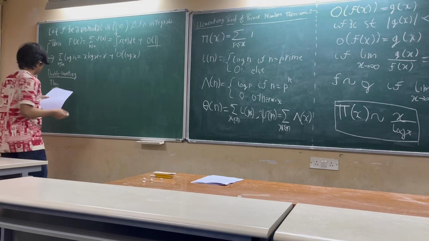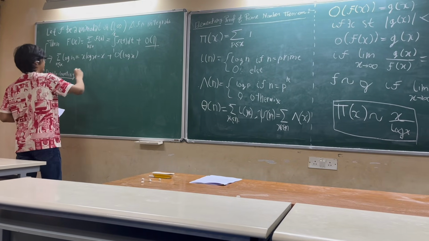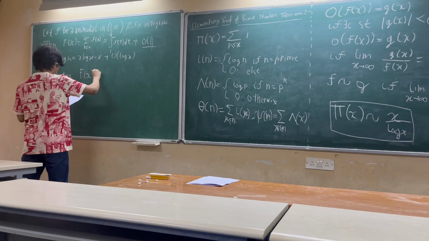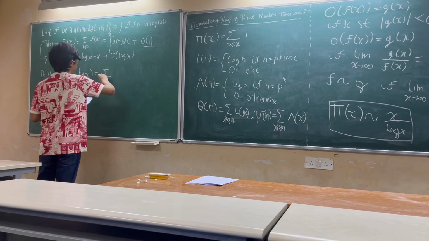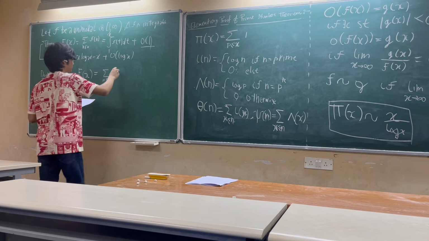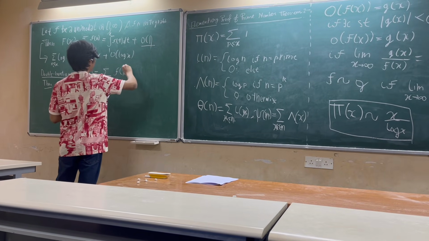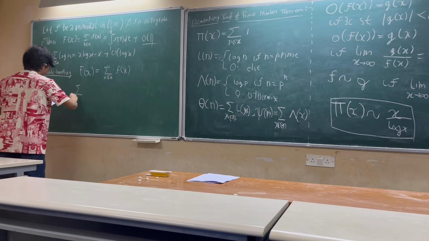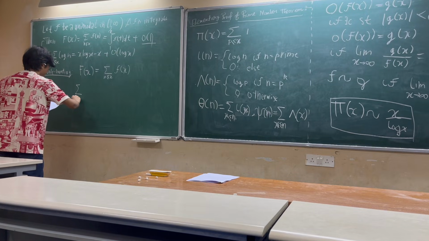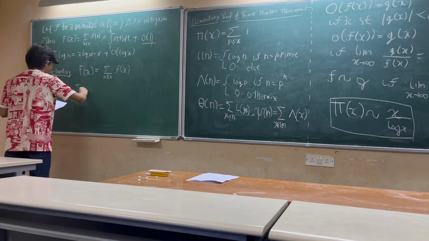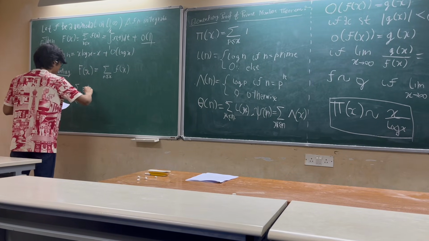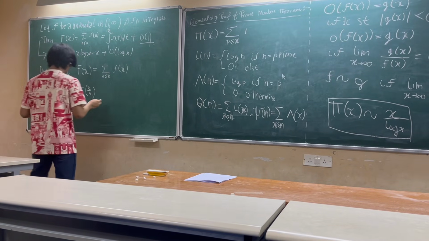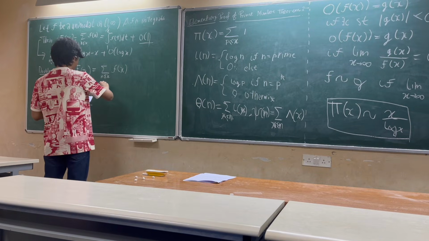It basically says that if you have an arithmetic function f, and capital F of x defined as the summation over n less than or equal to x of f(n), then if you want to evaluate this particular summation, you have two ways of finding it.